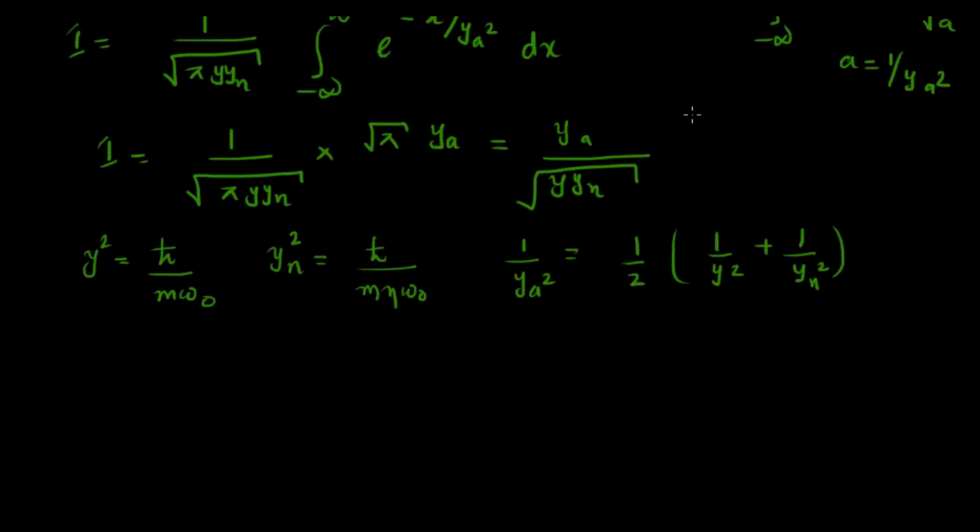So we have the overlap integral like this. I'm going to rewrite it in terms of omega naught, eta and everything.